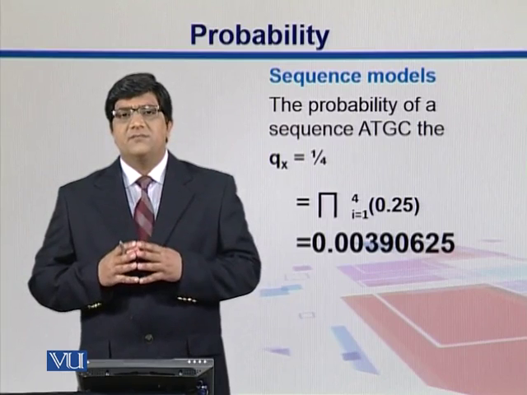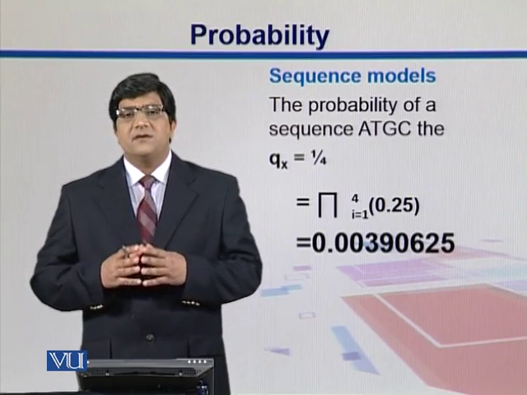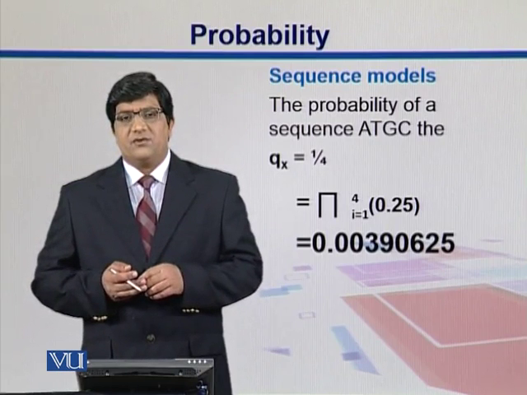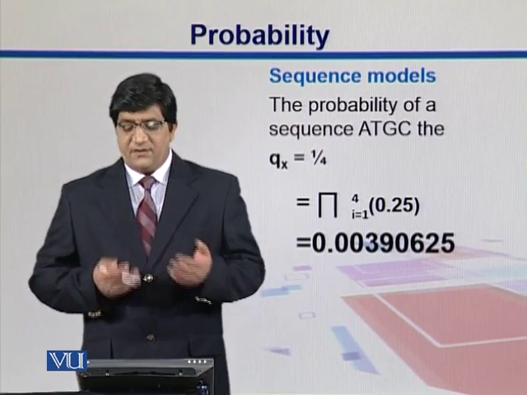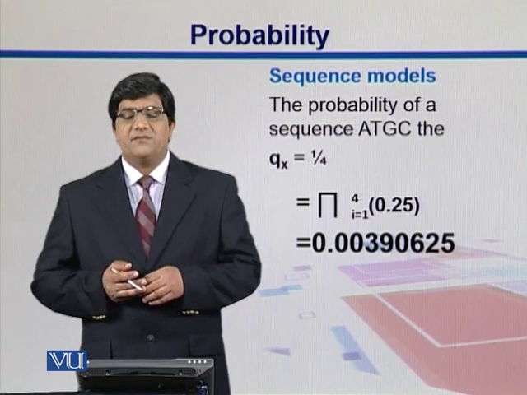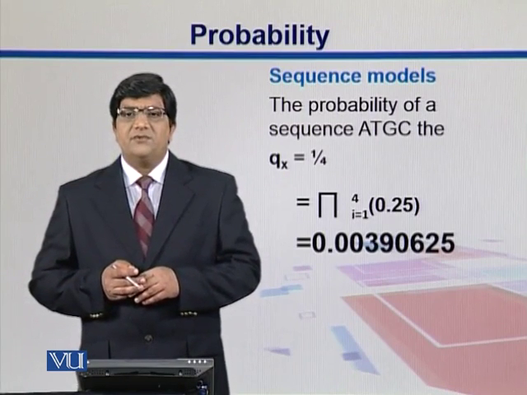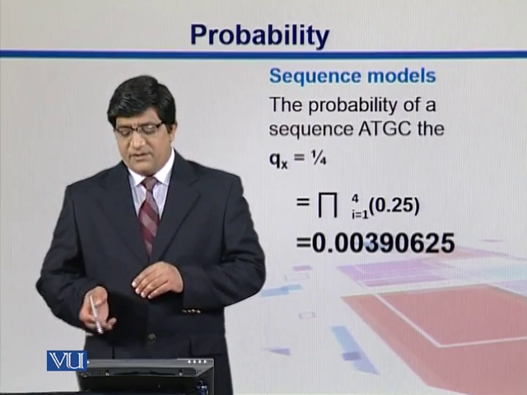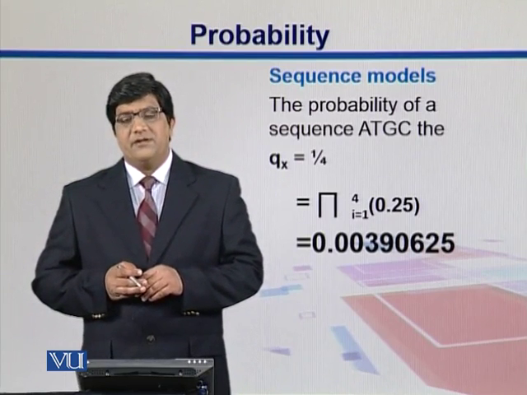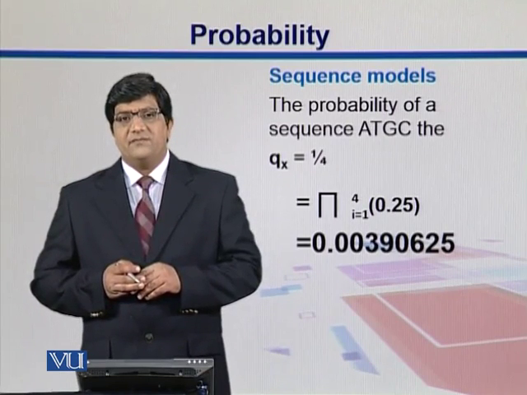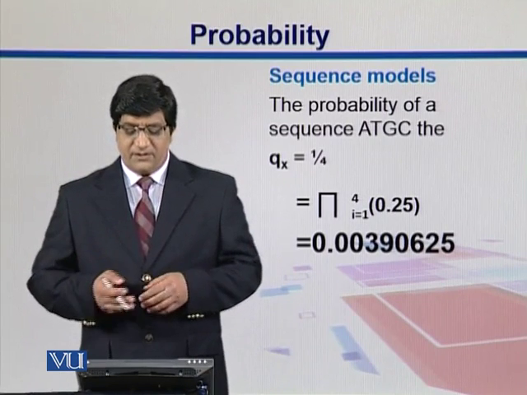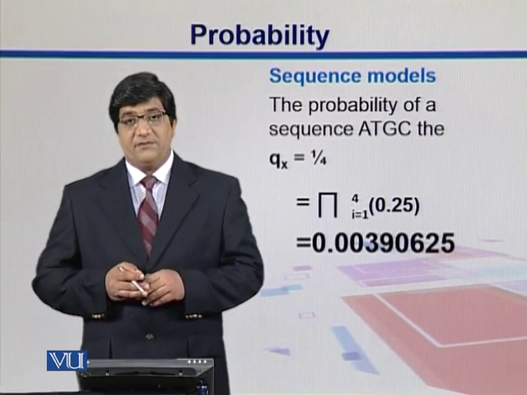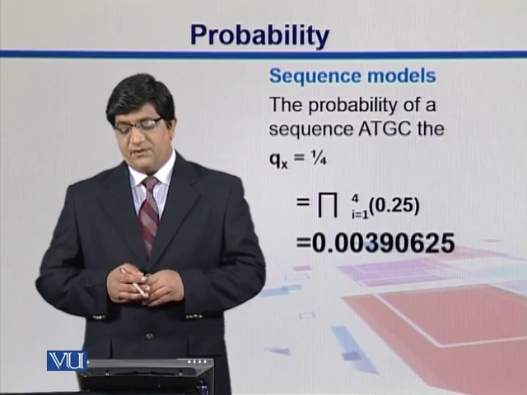So under no bias, we expect 1 out of 4 times we will see A, and in the same way T, G and C. So everything is 1 by 4 here, and we want to see the probability of this sequence made up of 4 nucleotides. We simply get the product of their individual probabilities, which is 1 by 4 or 0.25. When we multiply it together, we get this number, so we can see this ATGC has a probability of 0.0039.